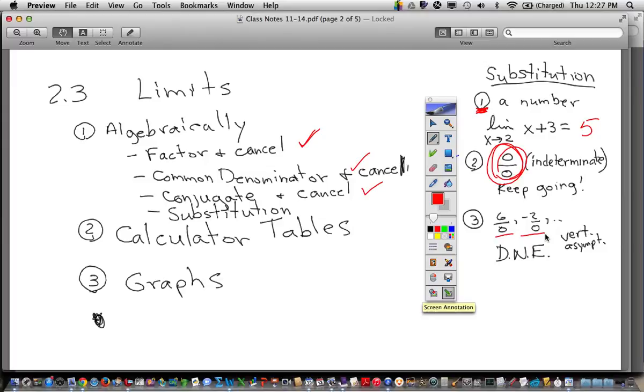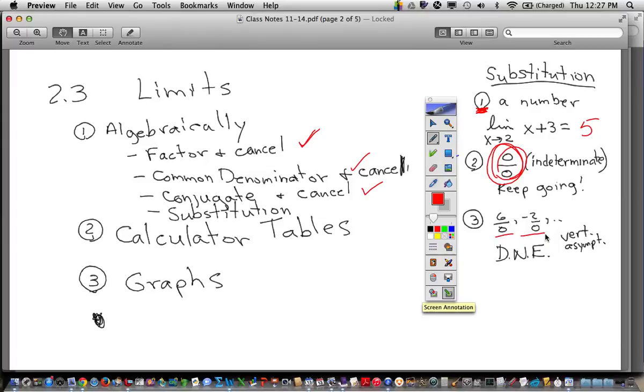Well, what happens if you take 6 and divide it by something close to 0, like 1/1,000,000th? What's 6 divided by 1/1,000,000th? It's 6 million, right? 6 divided by 1/1,000,000th is 6 million.